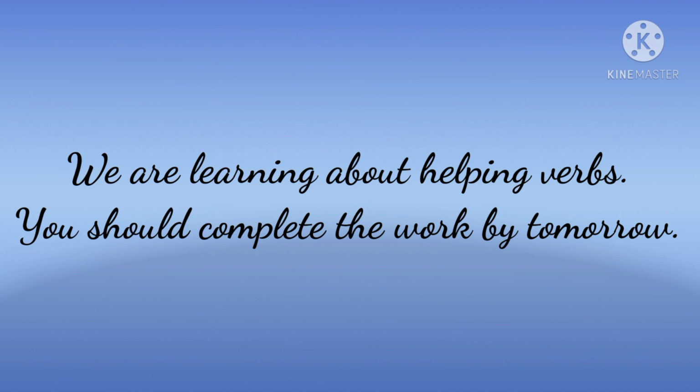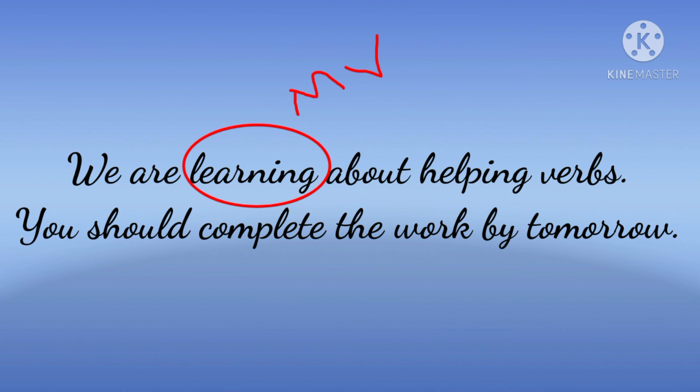Children, here which are main verbs and auxiliary verbs? In the first sentence, which is the main verb, children? Yes, learning. We know helping verbs help or support the main verb. Here main verb is learning.